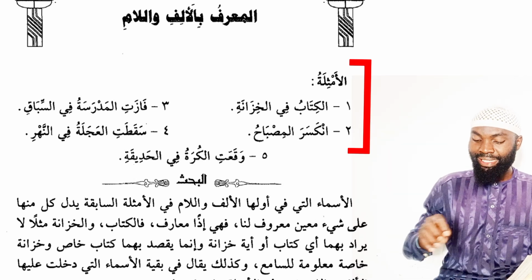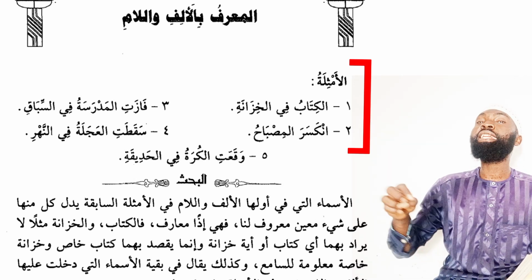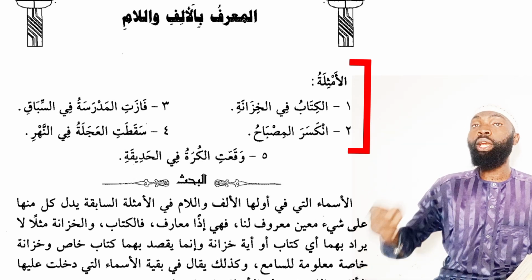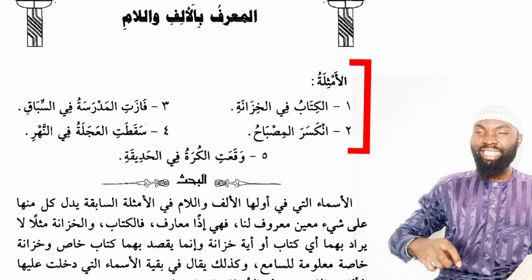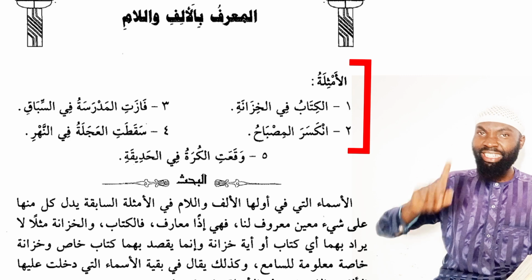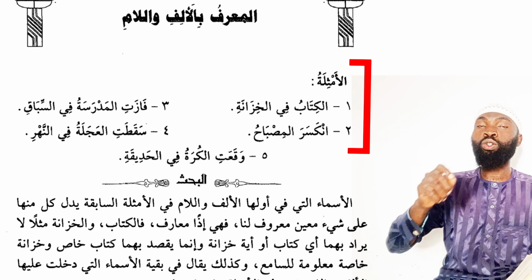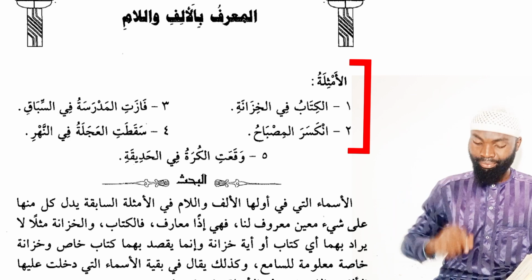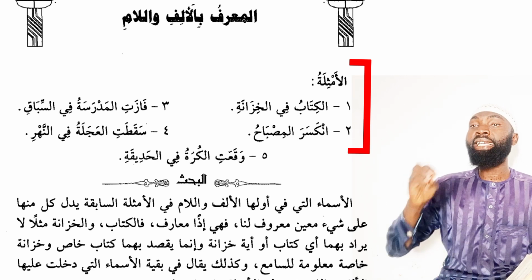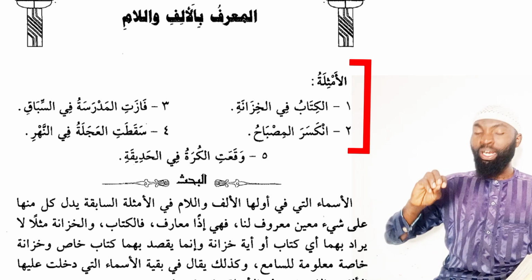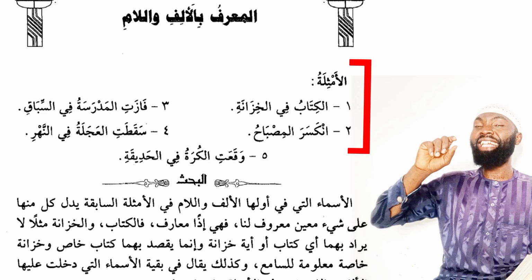Number two, we have Saqatatil ajalatu fin nahri. The wheel fell in the river. So you can see al-ajalatu, the wheel, and an-nahru, the river. Number three, we have inkasara al-misbahu, the lamp broke. So al-misbahu, the lamp.